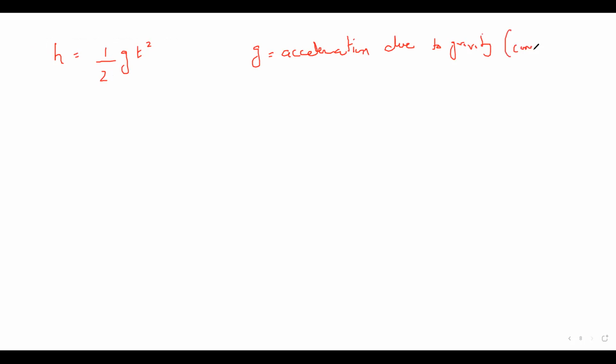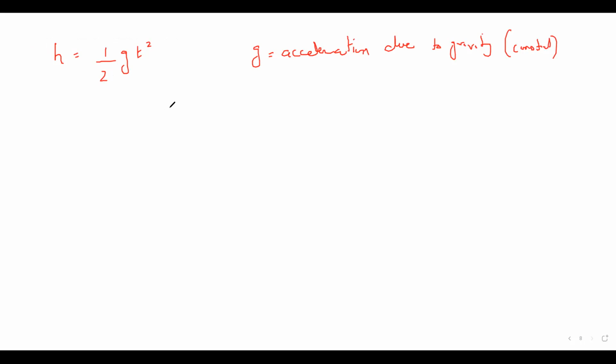So it will be h equals 1 by 2 gt square. This is the equation. h equals 1 by 2 gt square, where g is the acceleration due to gravity, which is a constant 9.81.